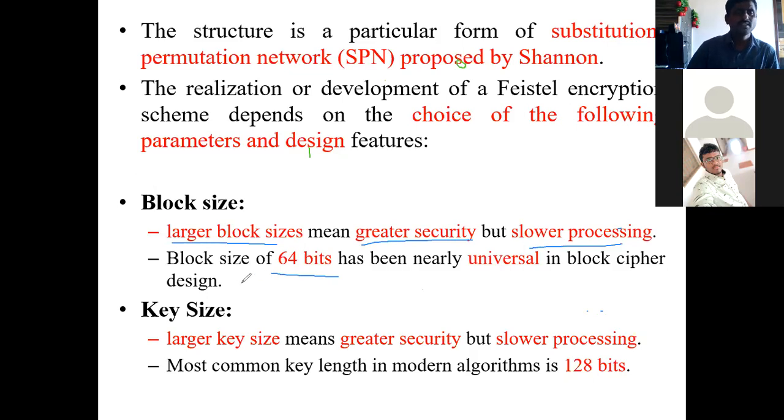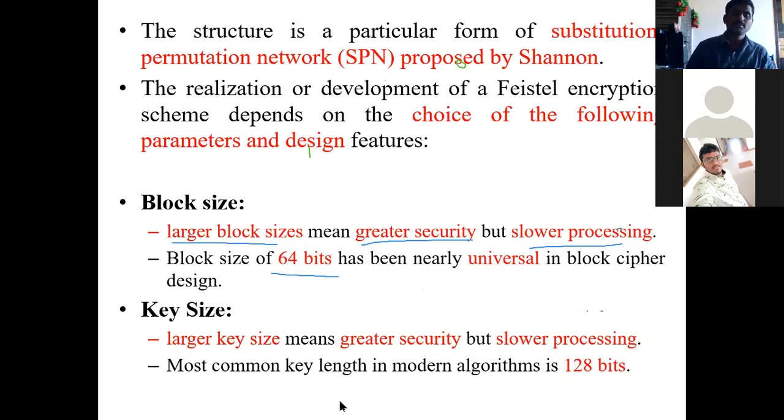Let us see the next parameter, key size. If the key size is larger, you get more security, but the processing is slow, like block size. So larger block size, greater security, slower process. Larger key size, greater security, slower process.